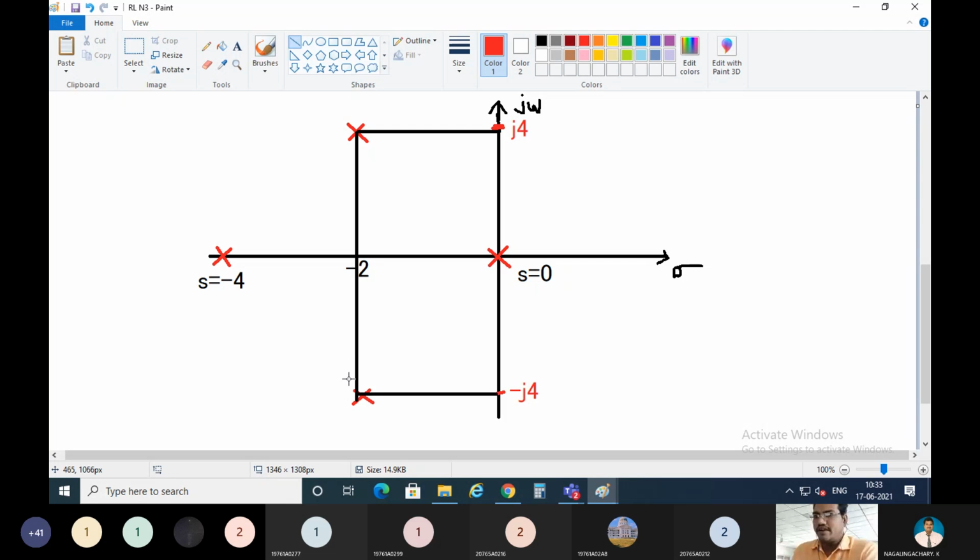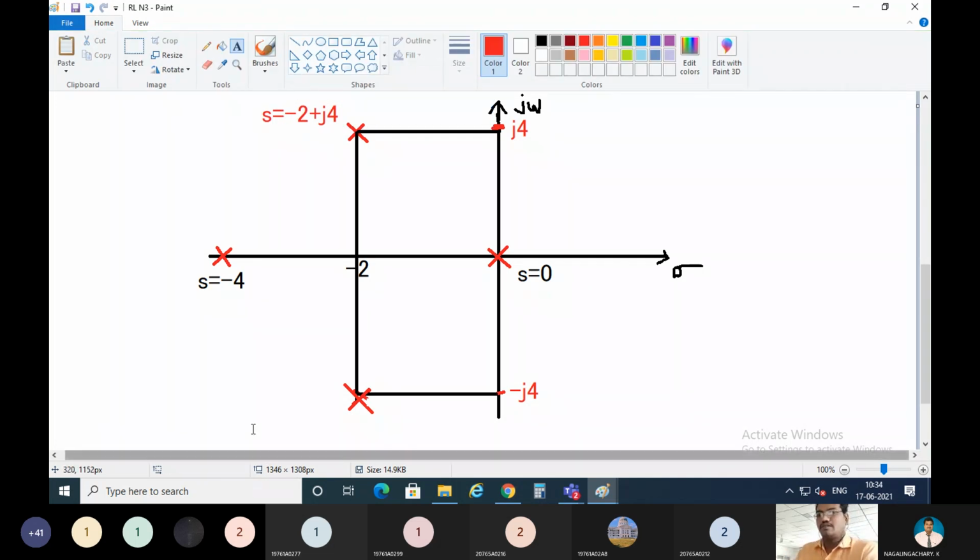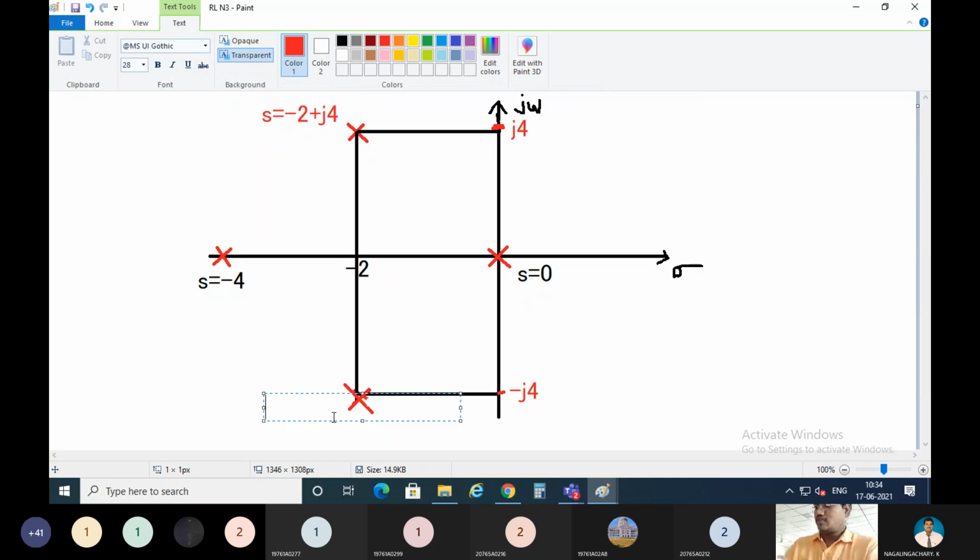And then how many poles? Four. Okay, now I indicate 4 poles. So minus 2 plus J4, and one more is minus 2 minus J4.